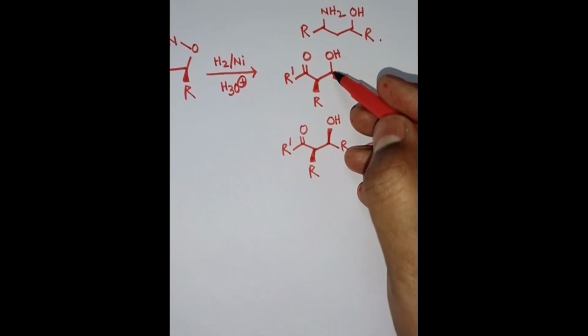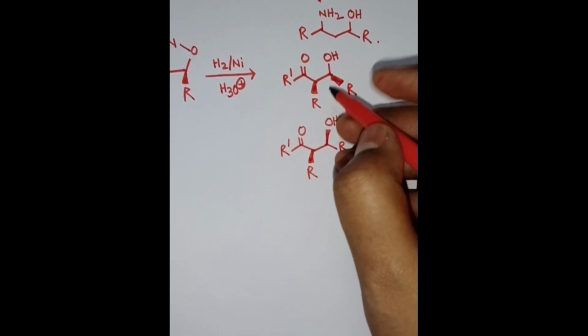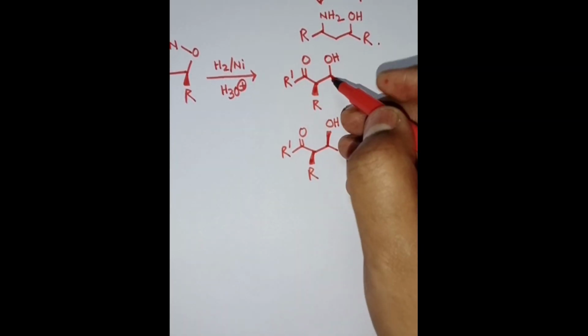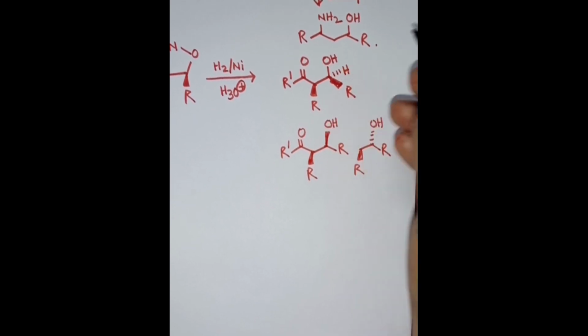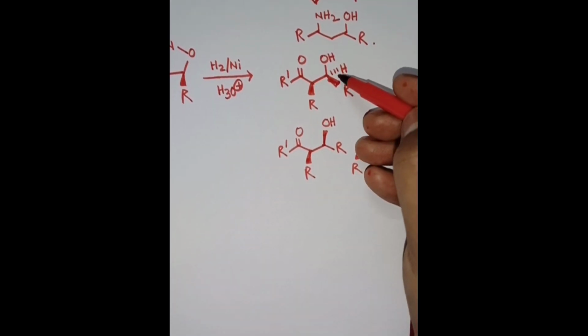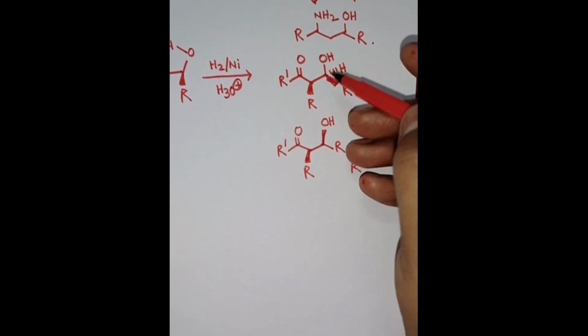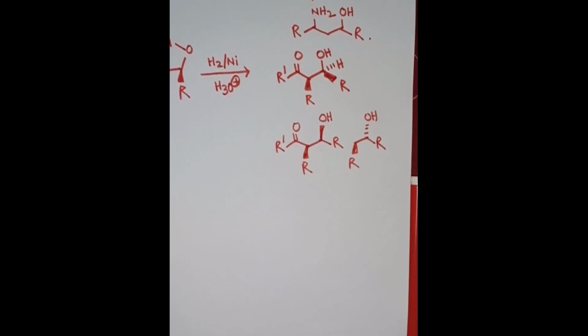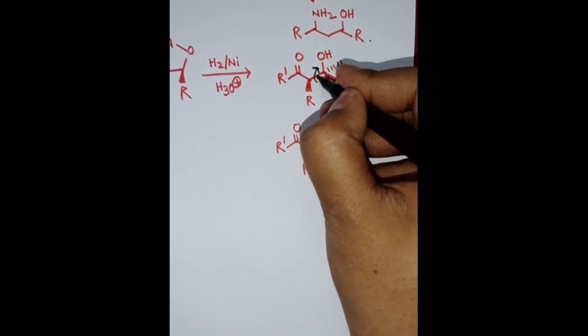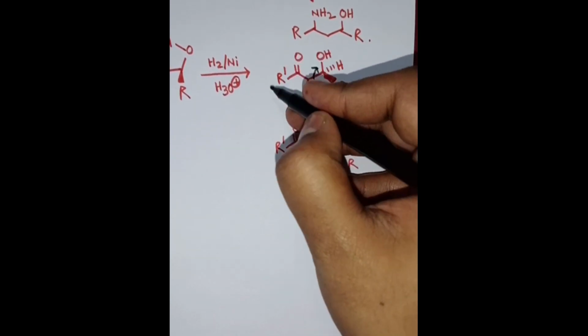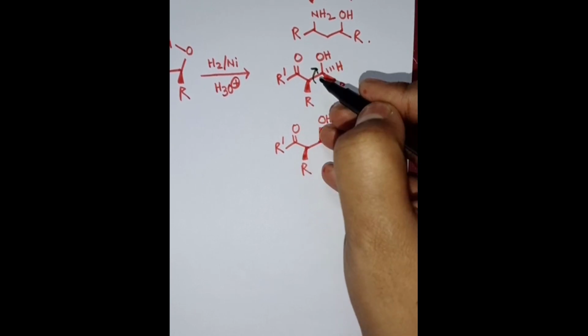So how can we write this product like this? If I write here this hydrogen, you all know that in stereochemistry we can rotate this C-C sigma bond by keeping this portion fixed.